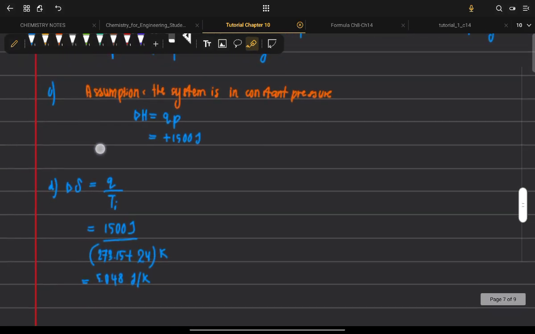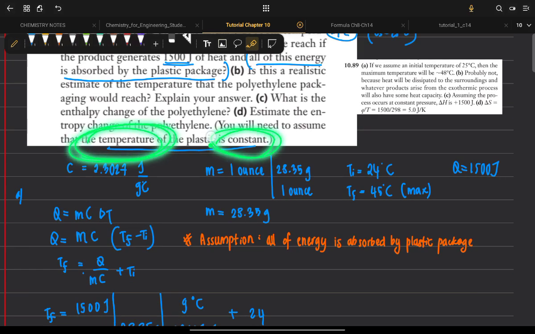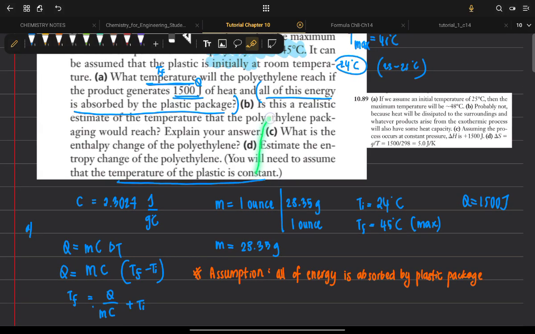For D, they ask for entropy, by estimating the temperature to be constant, which is room temperature, 24 degrees Celsius.